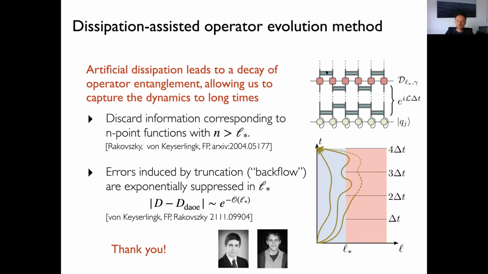The new addition is that we introduce an artificial dissipation that dissipates long operators, operators that contain many non-trivial Pauli operators. And then we have a theoretical explanation which argues that the truncation, the backflow, is exponentially suppressed in terms of L star.